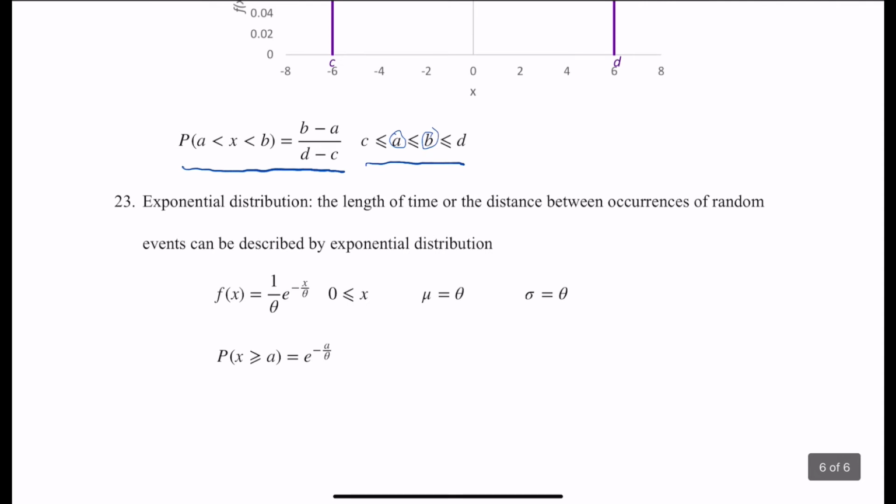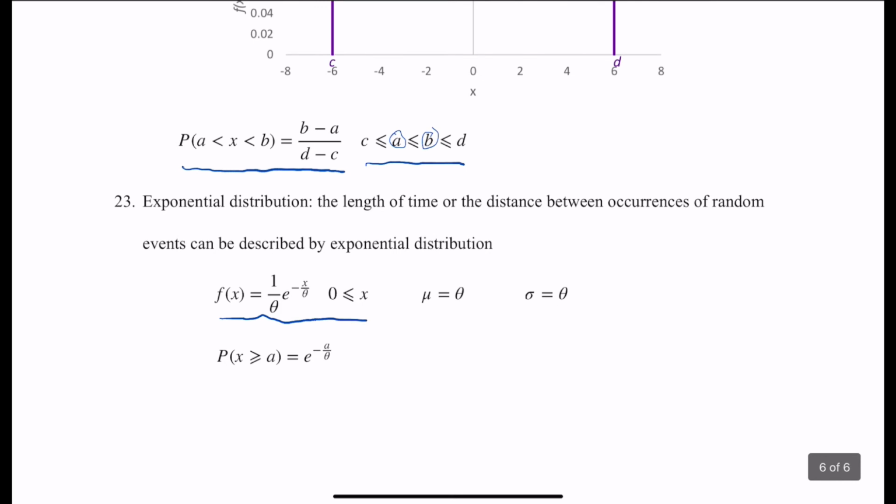And also, do you remember when we talked about Poisson distribution? I said you just have to memorize that this is Poisson distribution, and if a question asks something like this and this, that means the question is about Poisson distribution. And for exponential distribution, the logic is the same. You just need to memorize this is exponential distribution.